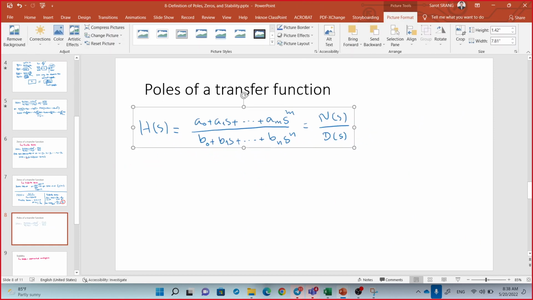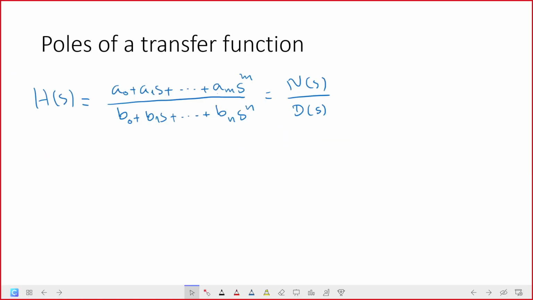So here is the transfer function, and the definition of poles. For poles, actually, there are only finite poles, different from zeros. It has finite poles only.